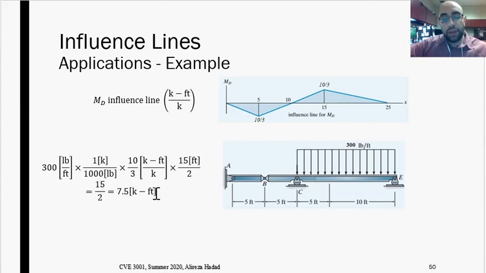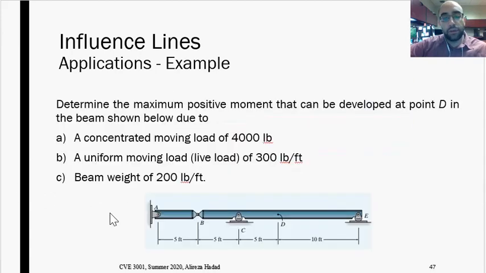That's the change over here, and then I multiplied it by the area of this diagram in the positive region: 10 over 3 multiplied by 15 divided by 2. That's the area under this triangle. Once you calculate this, you can see the maximum moment that can be created at point D because of this uniform load is equal to 7.5 kip foot. That was the second question, or the second case in this question.